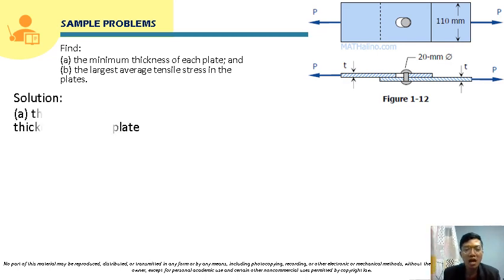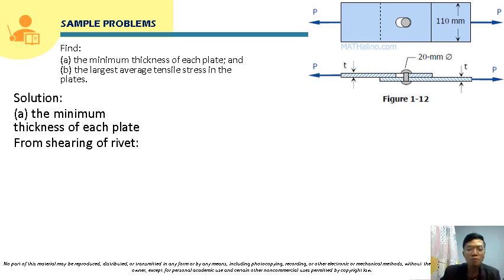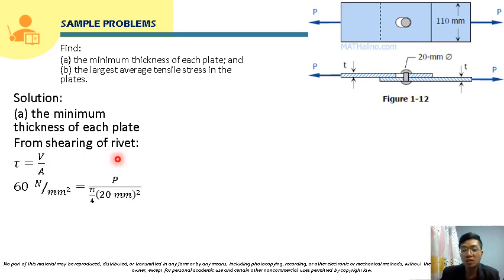For the first one, we are going to solve for the minimum thickness of each plate. So we are going to use the allowable shearing stress for the rivet given in the problem. The formula for shear stress, as we know, is just equal to the shear force over the area of the rivet, or the cross-sectional area of the rivet.